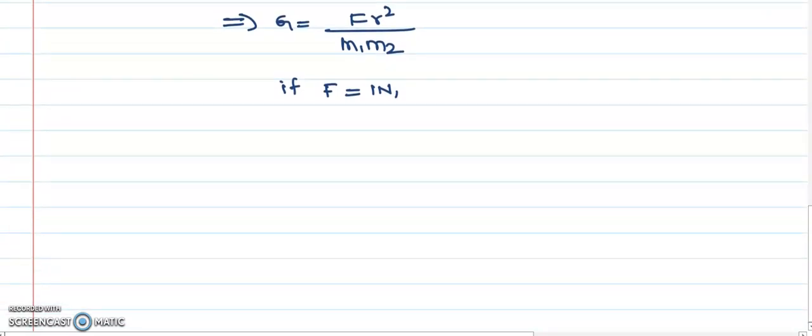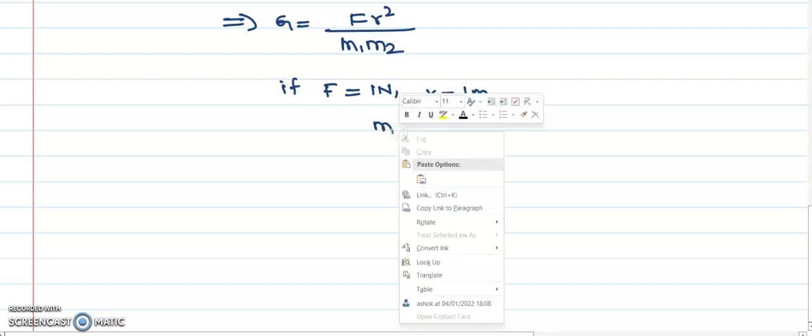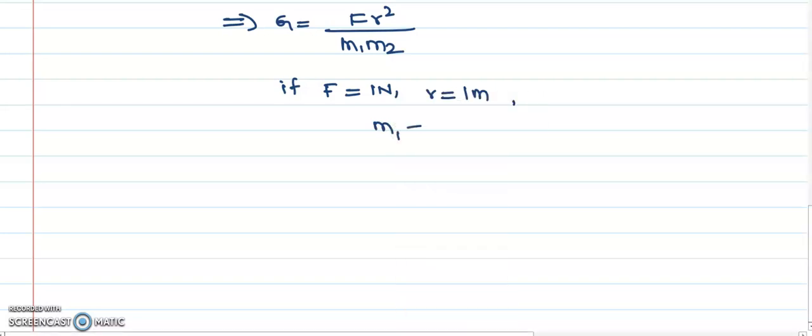If F is equal to 1 Newton, R is equal to 1 meter, and m1 is equal to m2, that is equal to m, the mass of the body or mass of the earth.